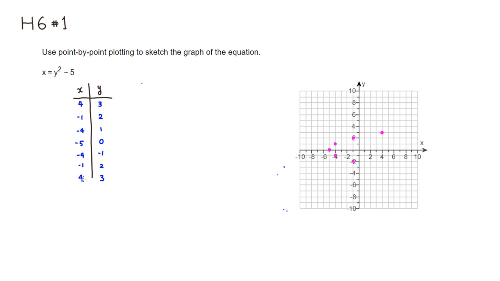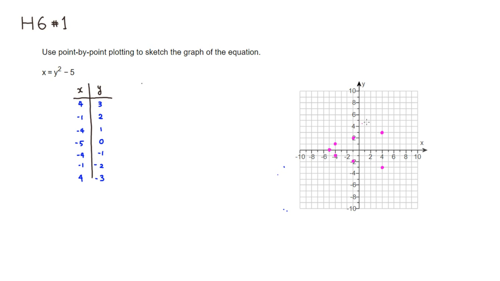Alright, then 4, 3, let's see. Oh, actually, sorry, I messed it up. So this is actually negative 3, right? So here, let's see, 4, negative 3. So it's going to be right there.